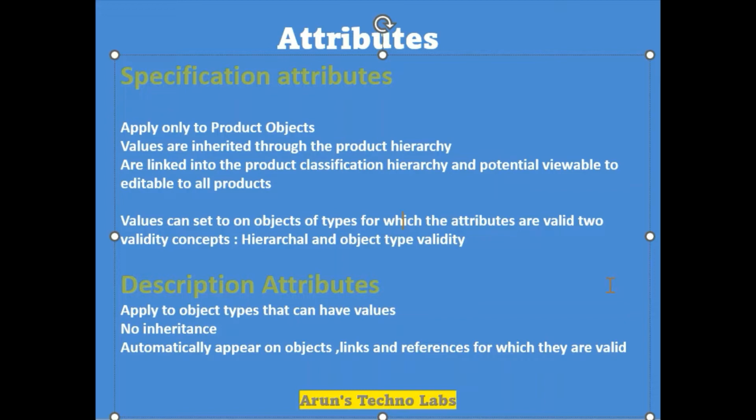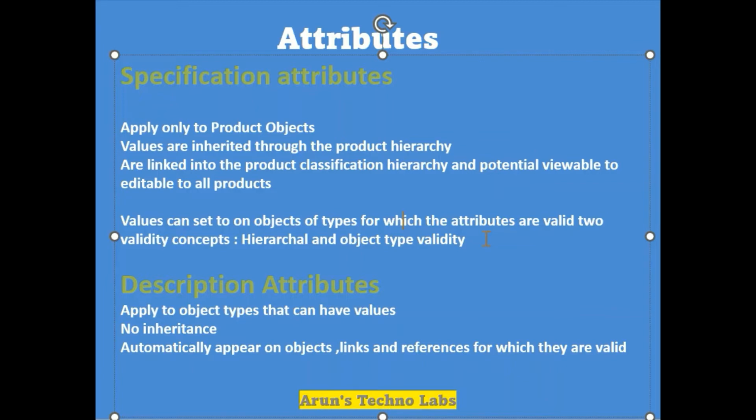It asks for the category: are you creating the attribute for a specification or a description? Specification attributes are applicable for a product, but description attributes are applicable to the product, classification, and hierarchies. So when you are creating the master data dictionary, you can add it, and based on that you create the attribute according to which category it belongs to, specification or description.